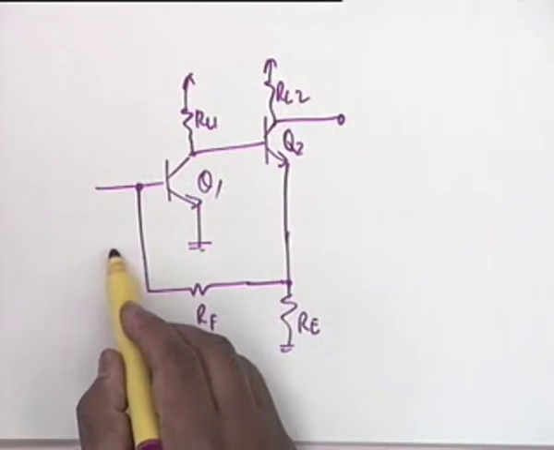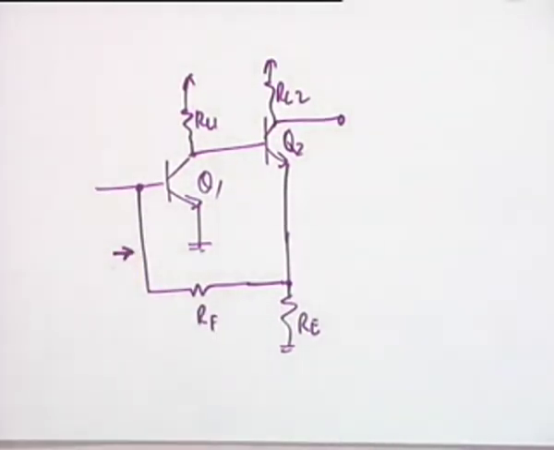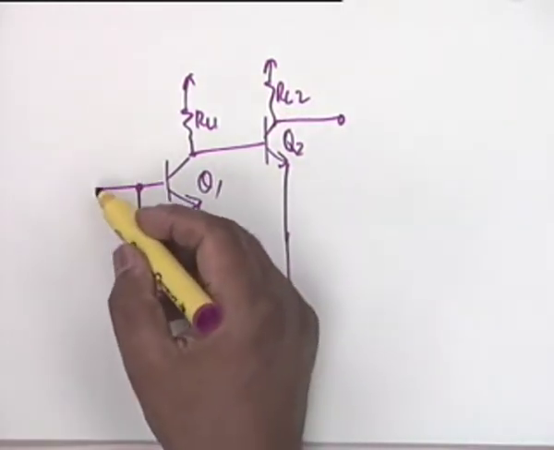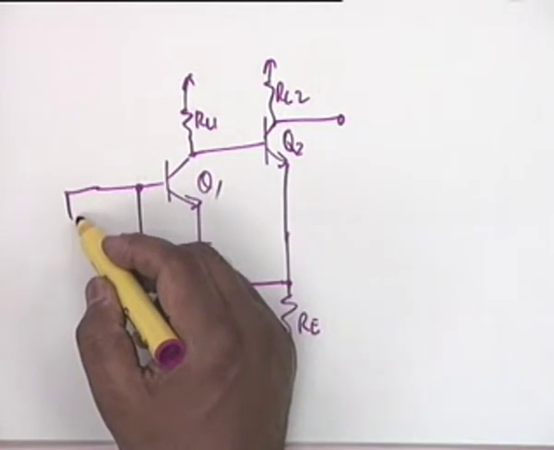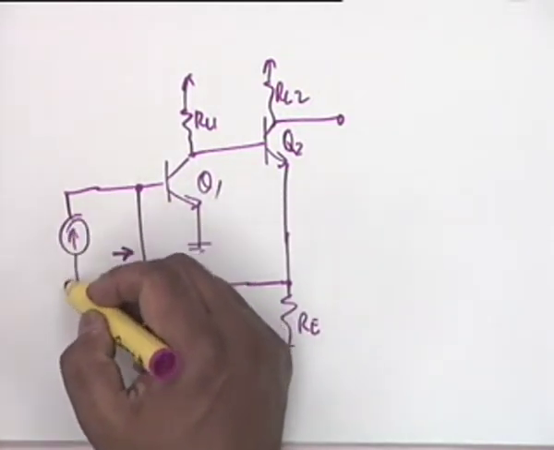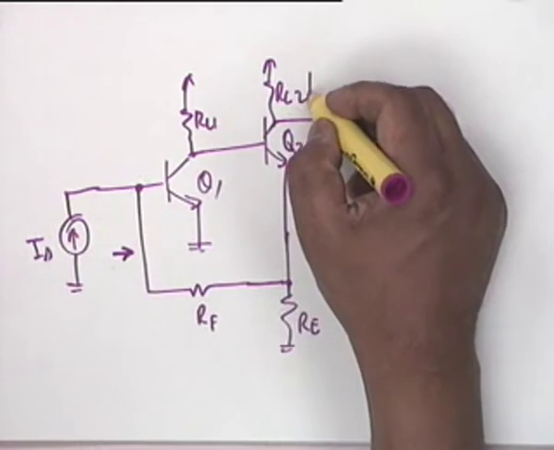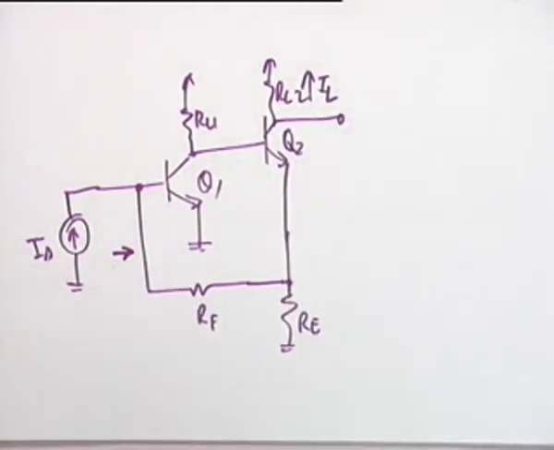Obviously the input impedance now would be low or high? Low. And therefore the appropriate source to be applied is current source. And therefore the appropriate output to be taken is a current.